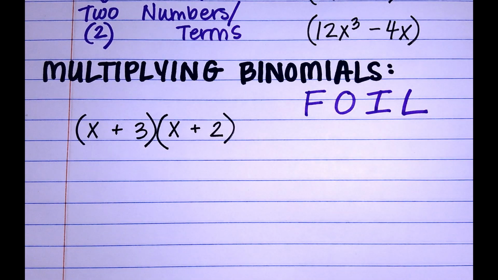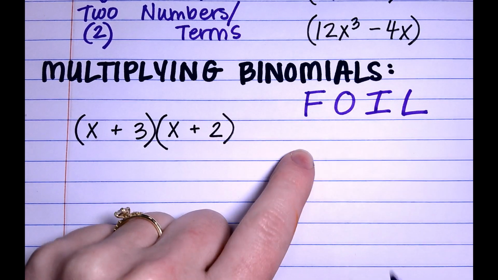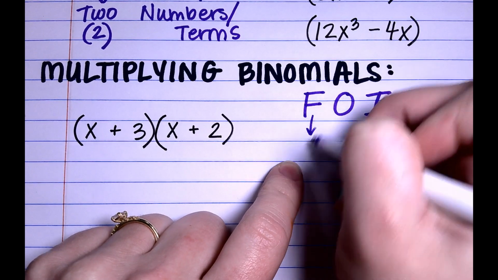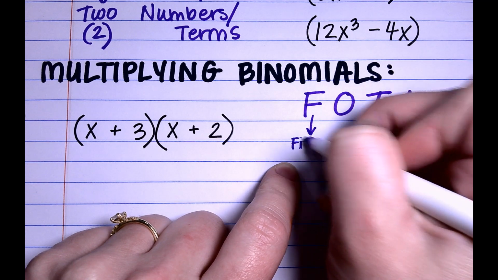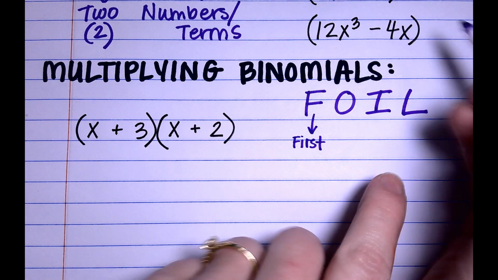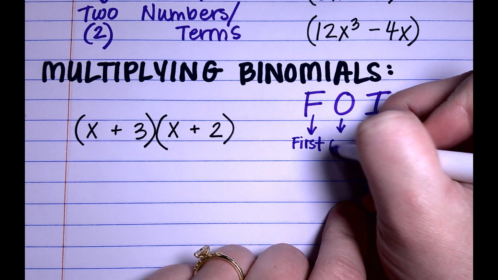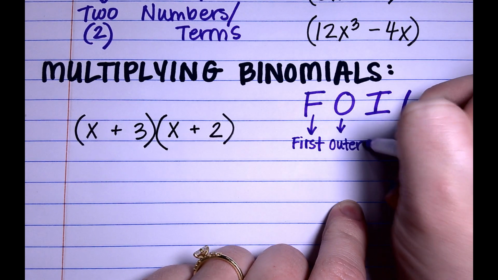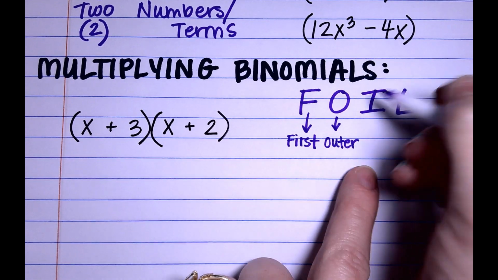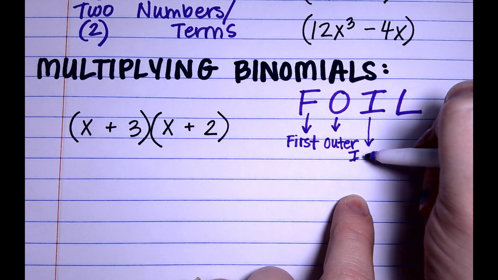It is an acronym, so it stands for 4 different words. F stands for first. O stands for outer. I stands for, I'm running out of room, inner.